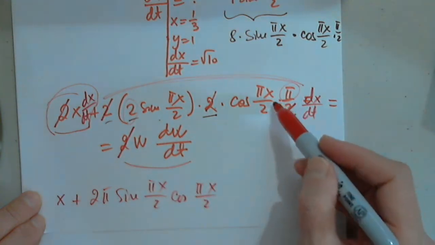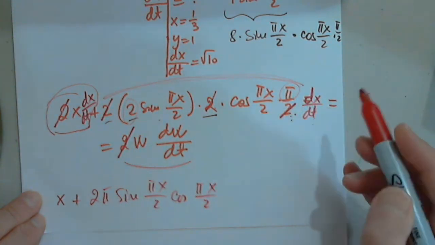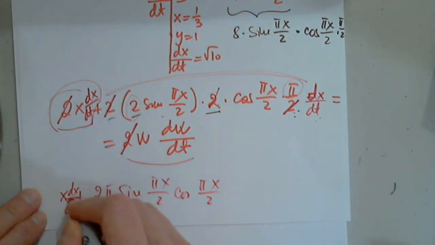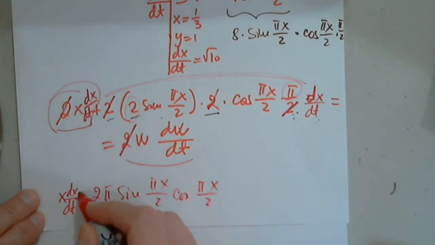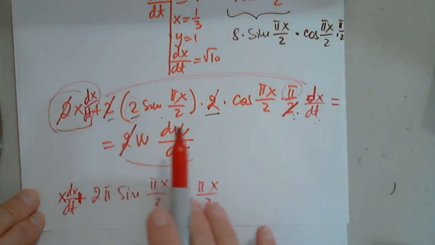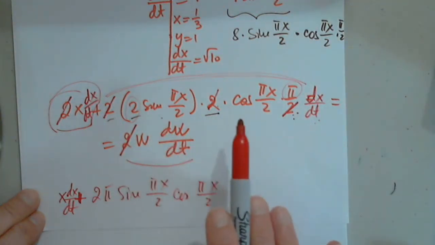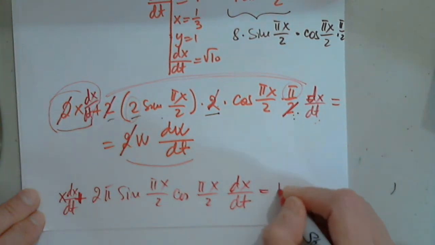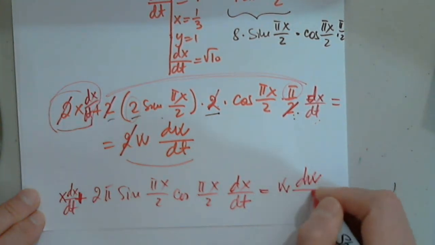And the whole thing times the inner function pi over 2 dx over dt. So x dx over dt, plus 2 pi sine cosine dx over dt, finally equals w dw over dt.